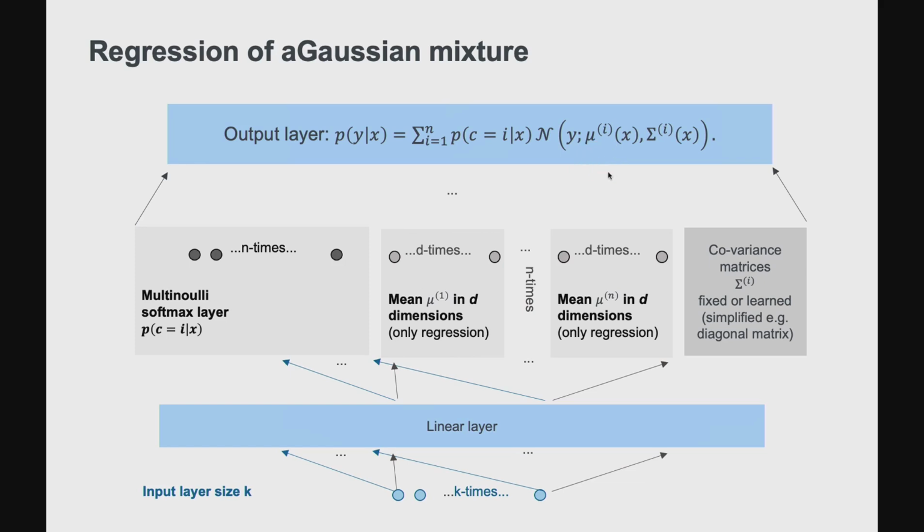So we would have in these 2-dimensional pictures 4 of them, and each of them has a mean, and each of them has a covariance matrix, and there is a probability that this object belongs to the class 1.